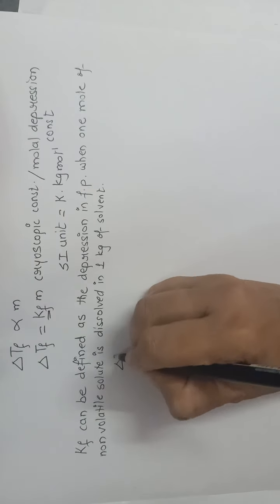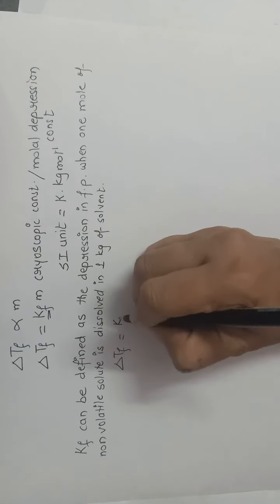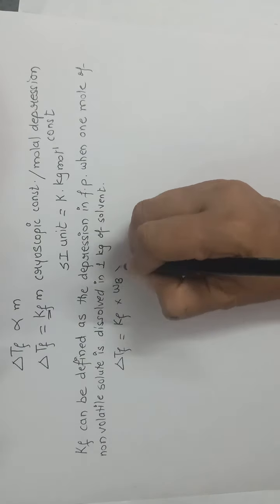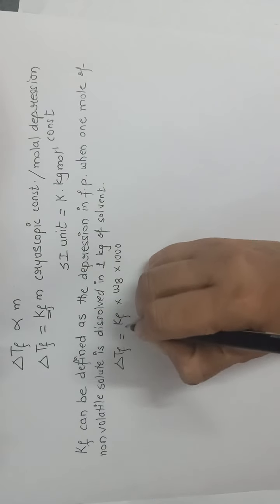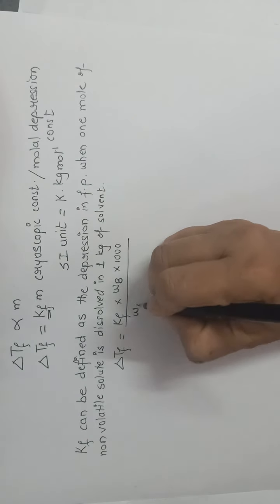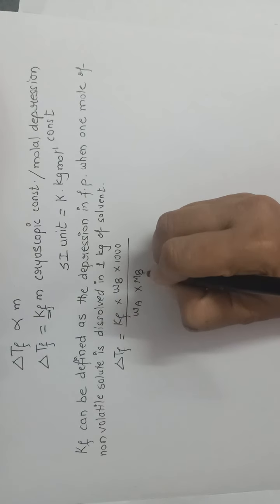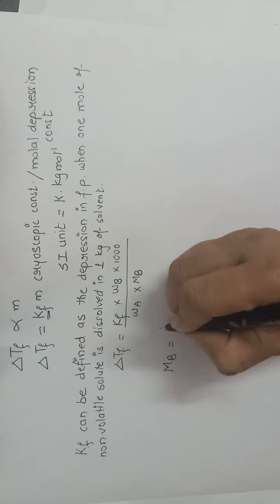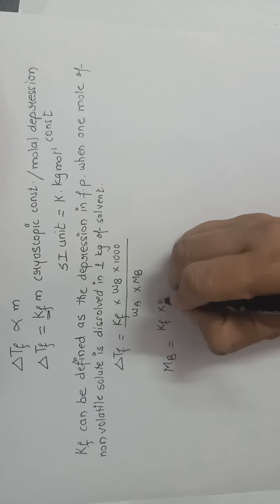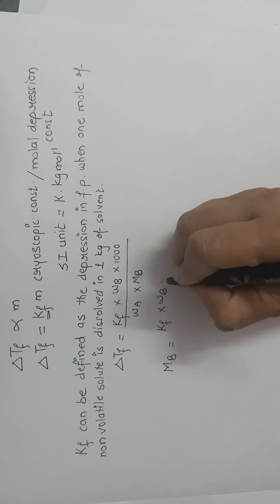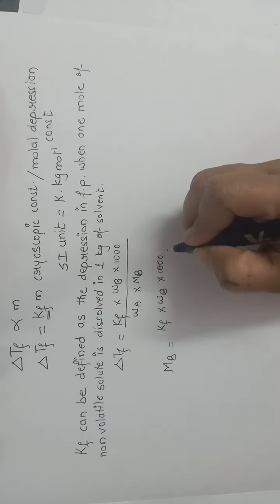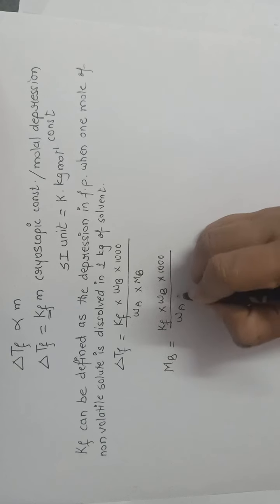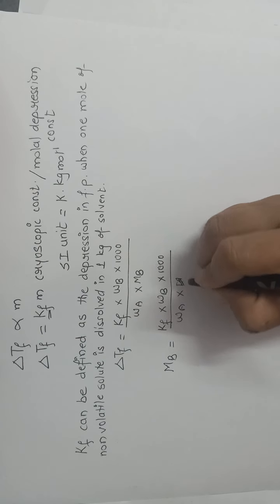Now del TF equals Kf into molality, and therefore we will replace it by its formula, WB into 1000 upon WA into MB. Rearranging this equation we get MB equals Kf into WB into 1000 upon WA into del TF.